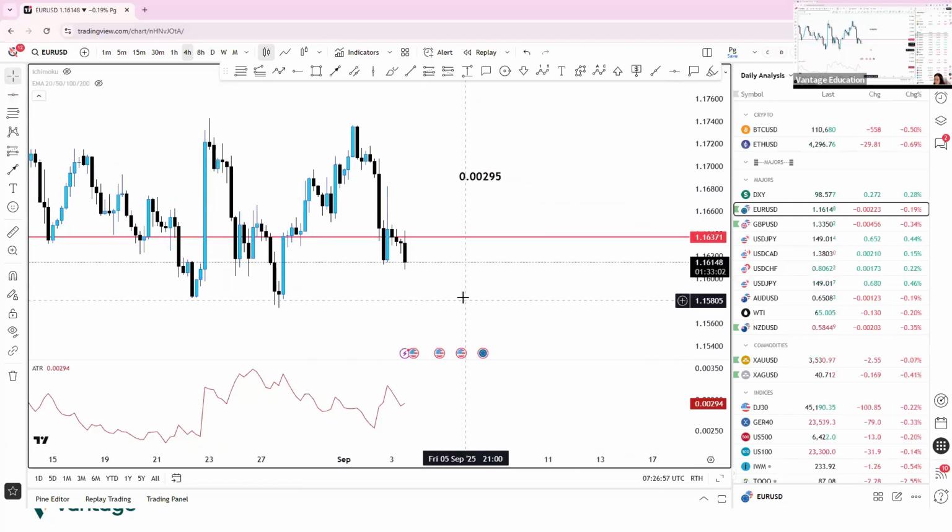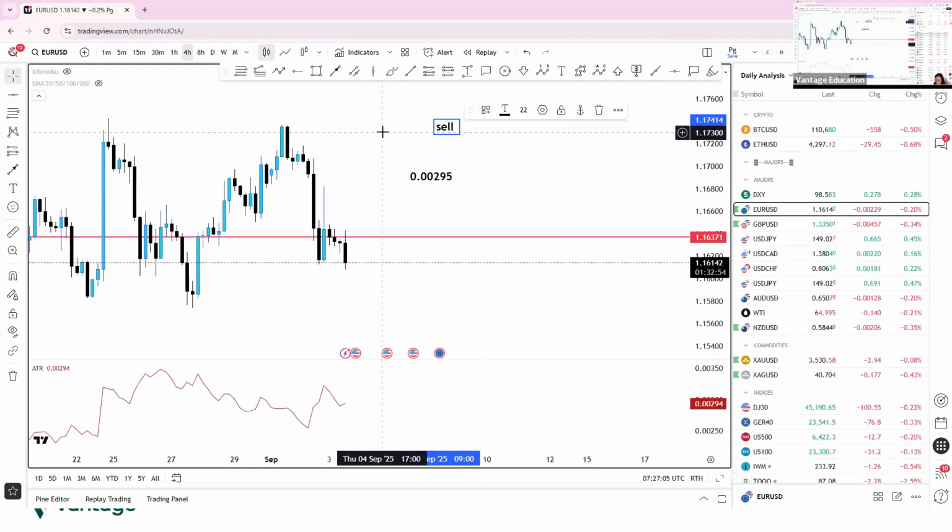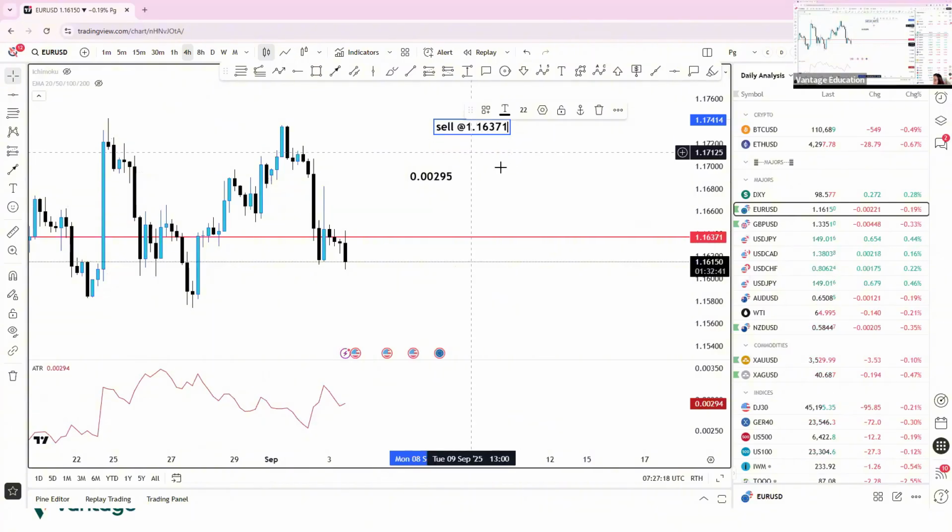Let's say you sell here at the resistance, 1.16371, right? Okay, and your TP and SL are going to be based on the ATR.